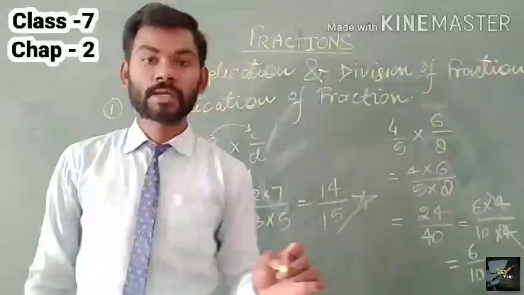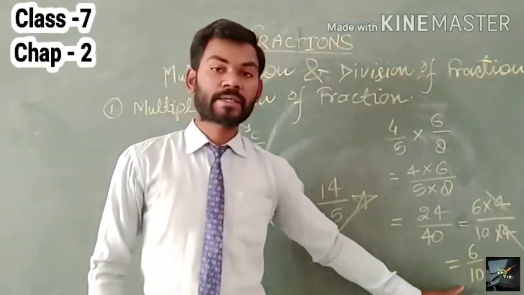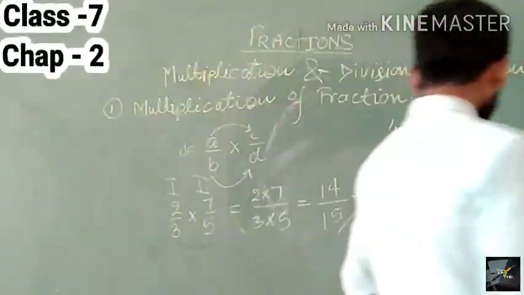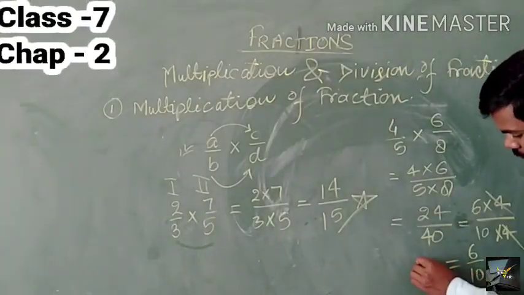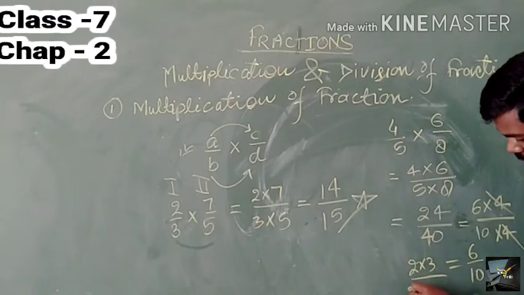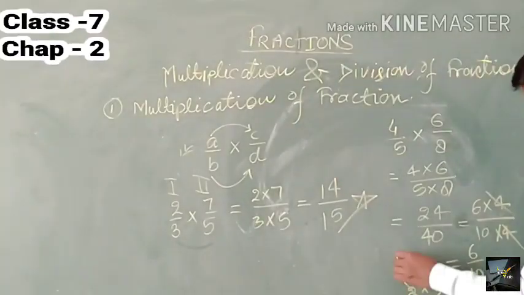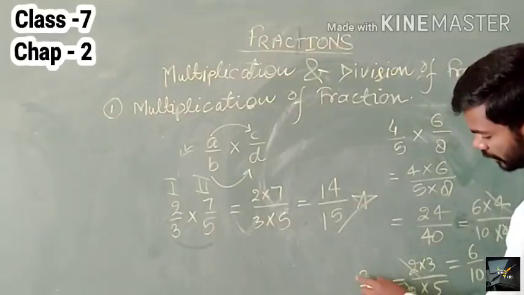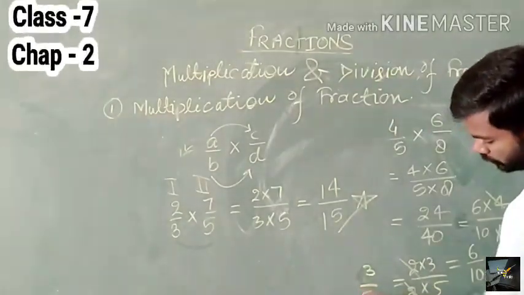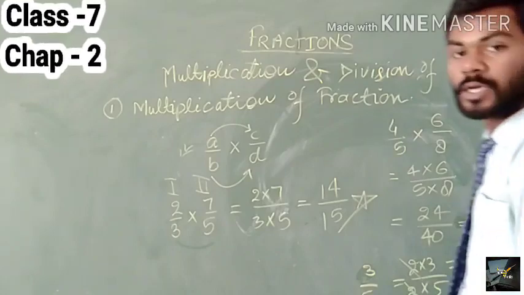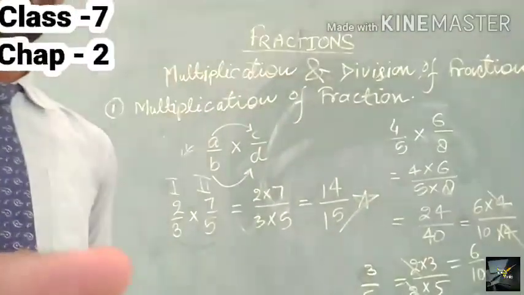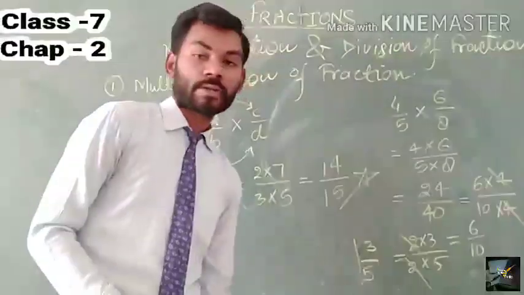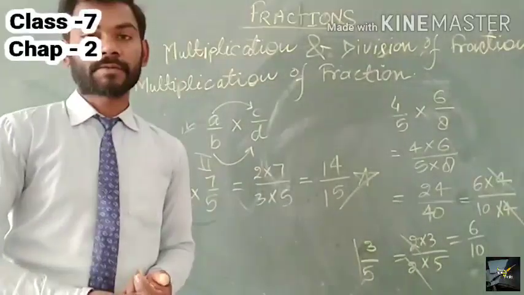Further, in this product, we can see that 6 and 10 have one more common factor, that is 2. Therefore, it may also be written as 2 multiplied by 3 upon 2 multiplied by 5. And here 2 and 2 cancel out, and we get the result as 3 upon 5. Therefore, 3 upon 5 is the right answer.